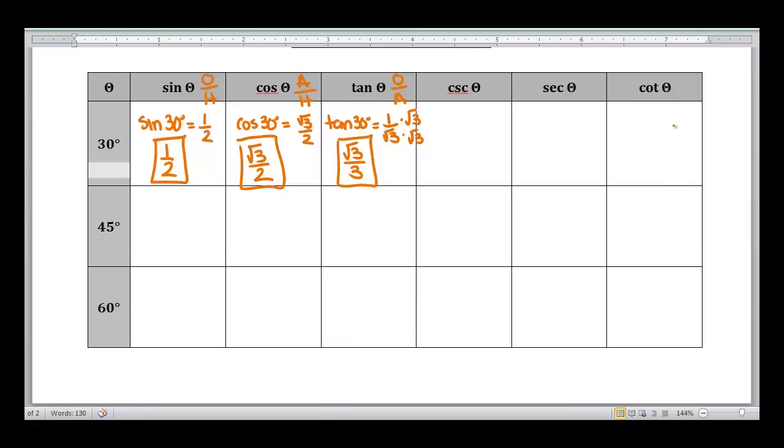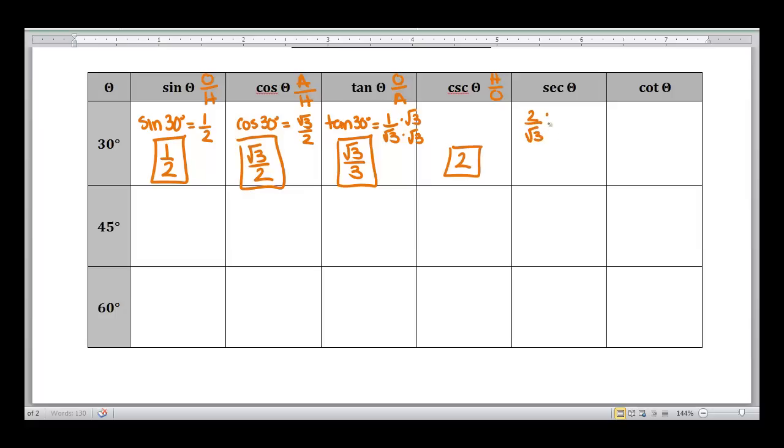The other 3 functions are just the reciprocals of the first 3. Cosecant is reciprocal with sine, so the hypotenuse over the opposite. So the reciprocal of 1/2 is going to be 2. Secant is reciprocal with cosine, and so the reciprocal of cosine would be 2 over root 3.